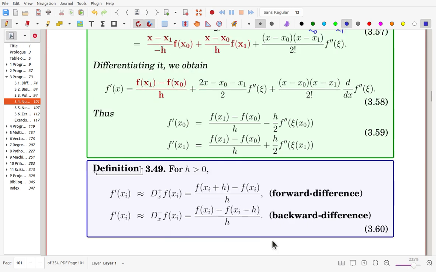Similarly, we can define the backward difference formula. Now xi minus h is the backward point, so this quotient is using a backward point, so we call it the backward difference formula, and we use this notation, x directional difference using the backward point for function f at xi. Okay, those are the two difference formulas.